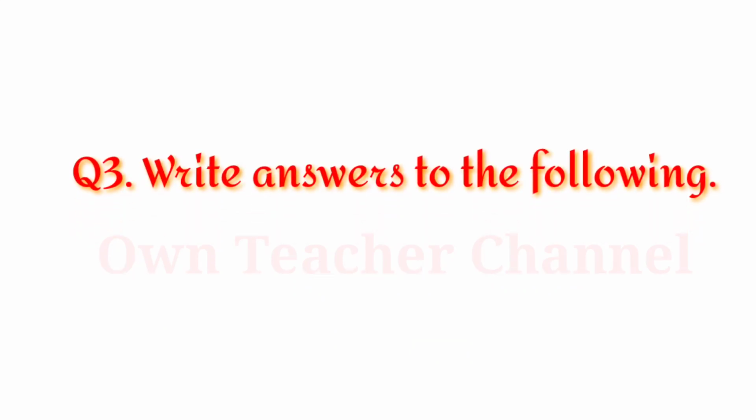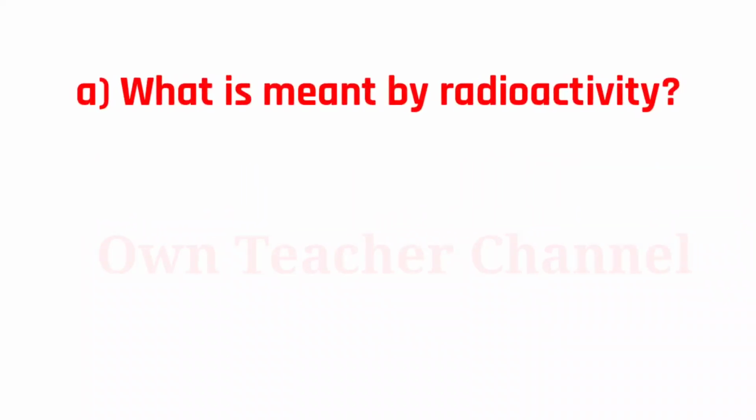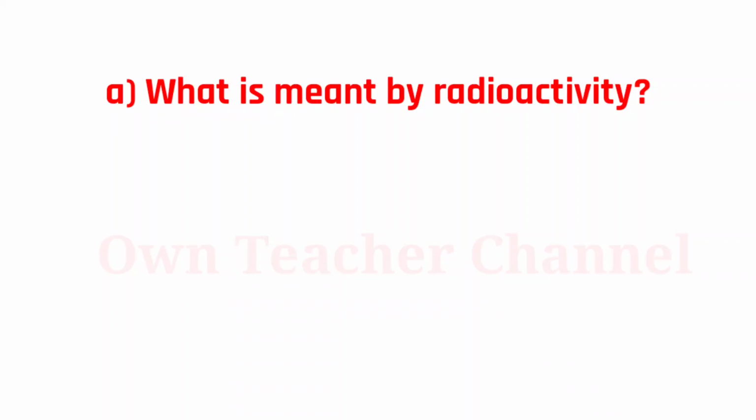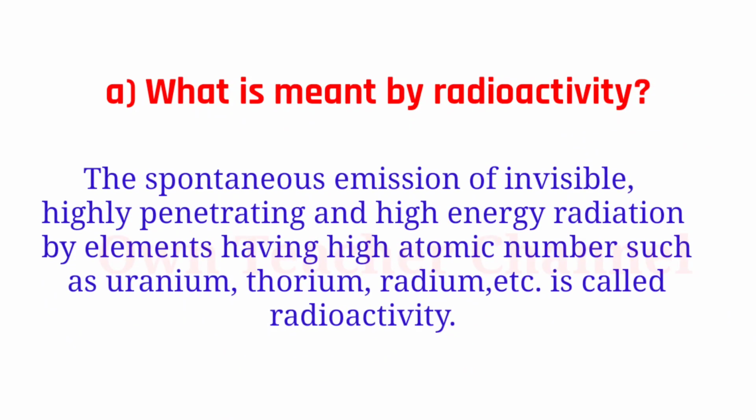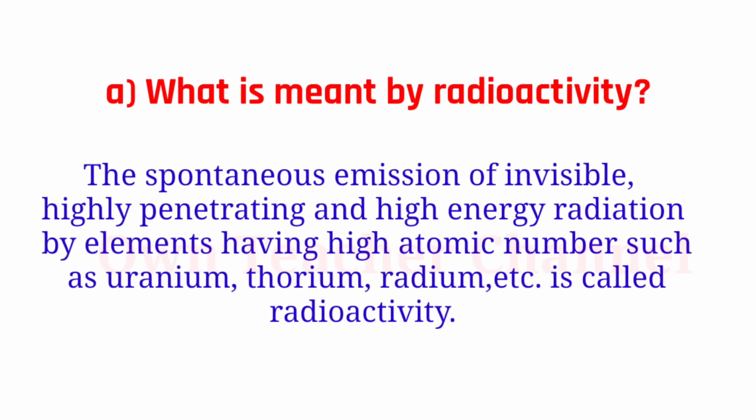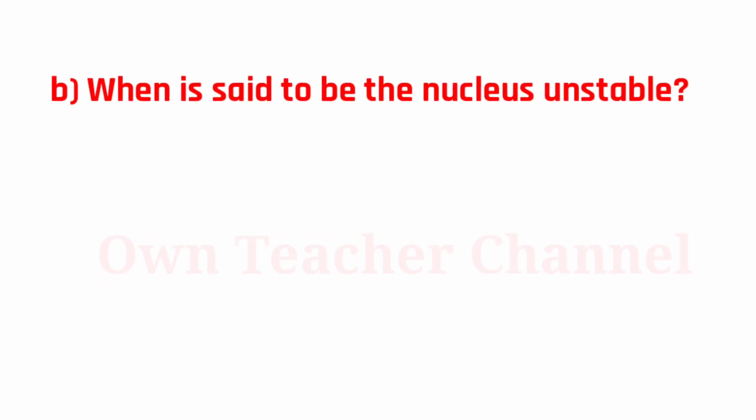Question 3. Write answers to the following. A. What is meant by radioactivity? The spontaneous emission of invisible, highly penetrating and high energy radiation by elements having high atomic number such as uranium, thorium, radium, etc. is called radioactivity.